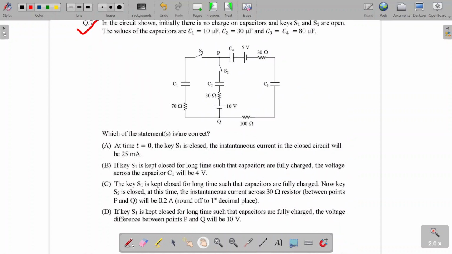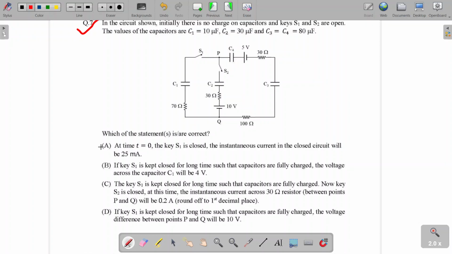In this circuit we are supposed to find what is the configuration of the circuit when switch S1 is closed. So when S1 is closed, all the capacitors will be shorted and only resistors and the battery would be operating.